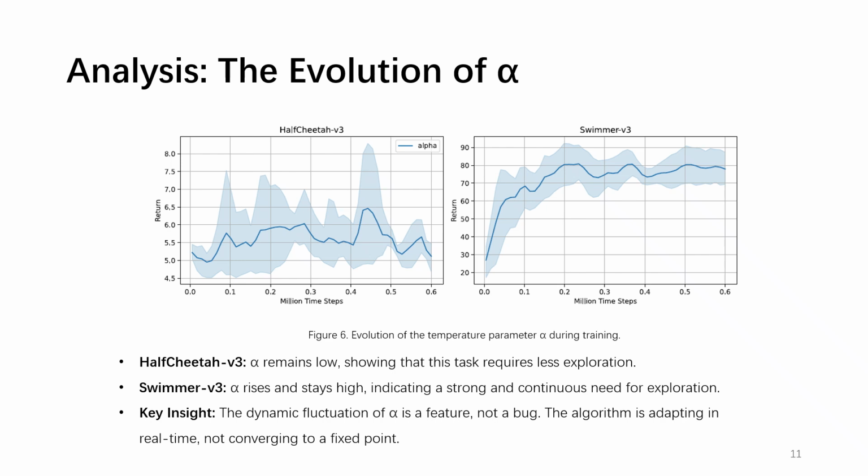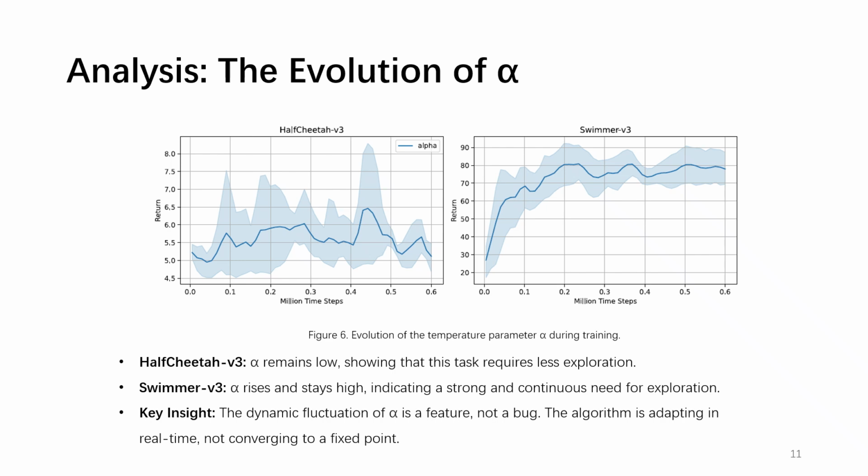So, what is the alpha parameter actually doing during training? This graph shows its evolution over time. For HalfCheetah on the left, alpha remains relatively low. This tells us that the task itself does not require a high degree of exploration.